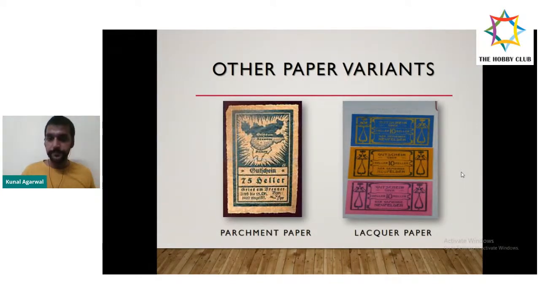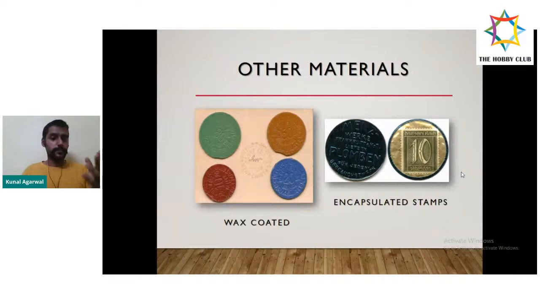So that was there. This is again a very interesting material here. So this was a board, like a cardboard, and on that 4 coins made out of wood and coated with wax were stuck. So if you see the total here, there's a 10 heller coin. So it's from Austria where the currency is heller.